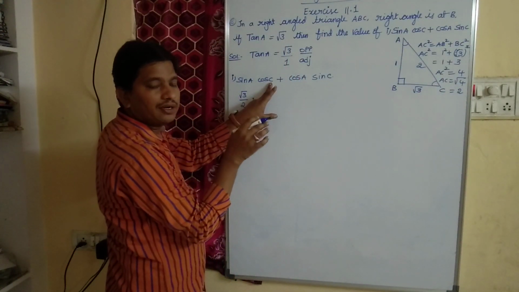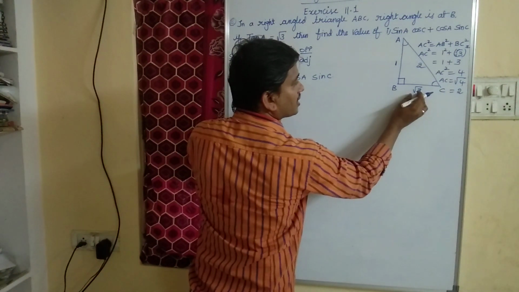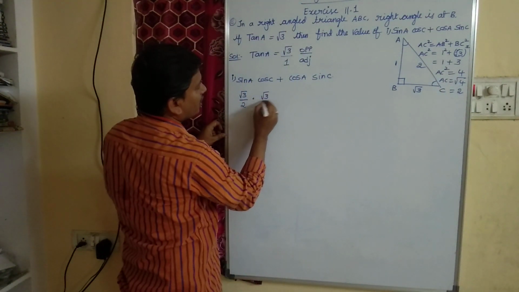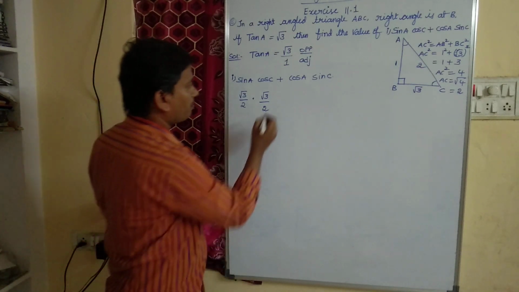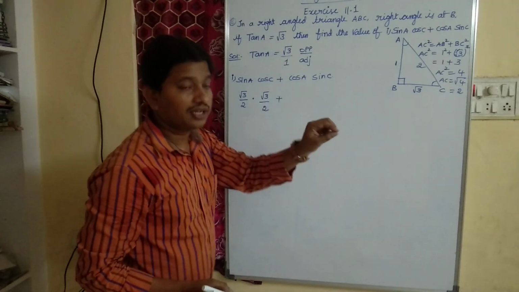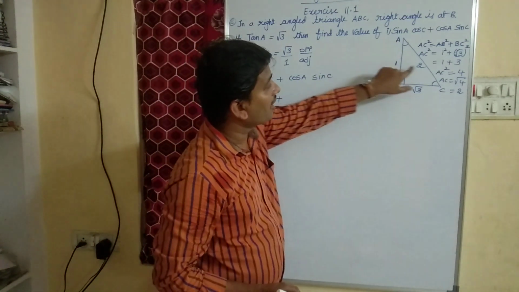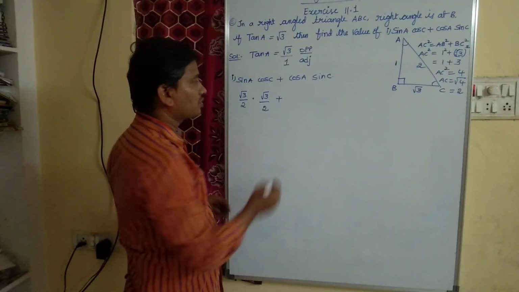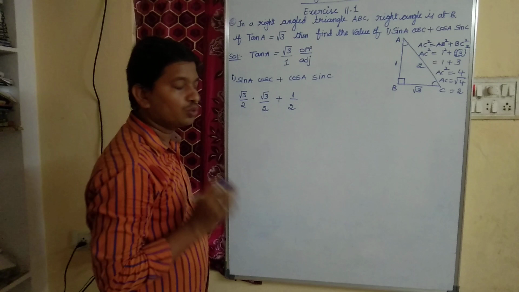Cos is nothing but adjacent side by hypotenuse. With respect to C, adjacent side is root 3 and hypotenuse is 2 units. Clear children? Plus cos A, angle is at A. What is the ratio of cos? Adjacent side by hypotenuse. Adjacent side with respect to A is 1 unit and hypotenuse is 2 units.